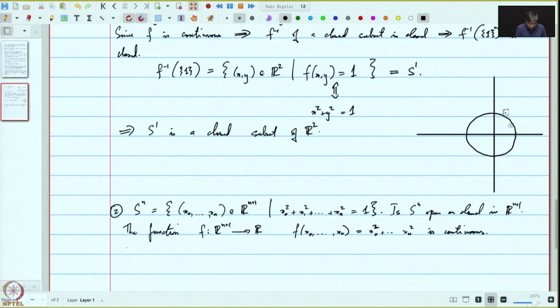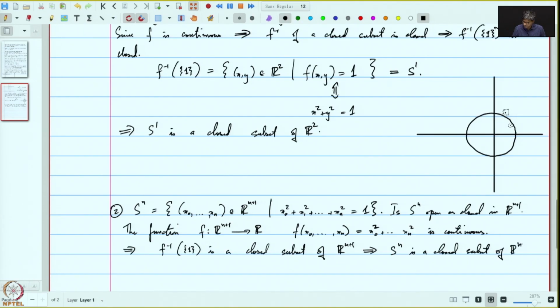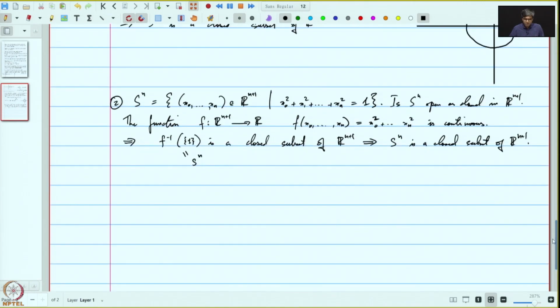So once again, f inverse of this singleton 1 is a closed subset of Rn plus 1, which implies that Sn is a closed subset of Rn plus 1, right? And this is exactly equal to Sn by the same reason as the previous example. So here are two examples.